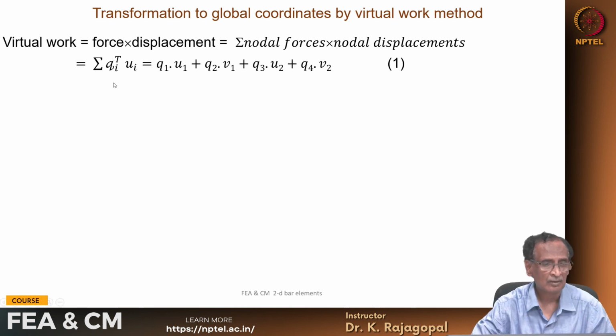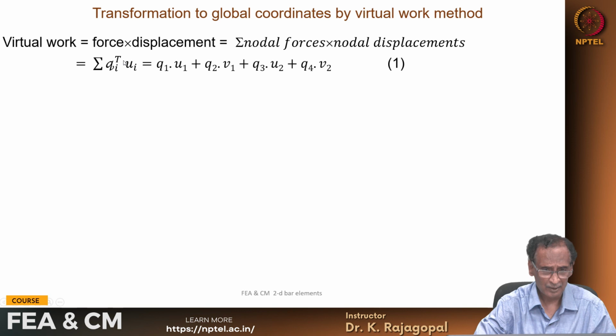Okay. So, the virtual work is the force multiplied by displacement, and let us say our displacement vector is u1, v1, u2, v2, and the force vector is q1, q2, q3, q4. Both are vectors, and unless you take a transpose of one of them, you cannot multiply.